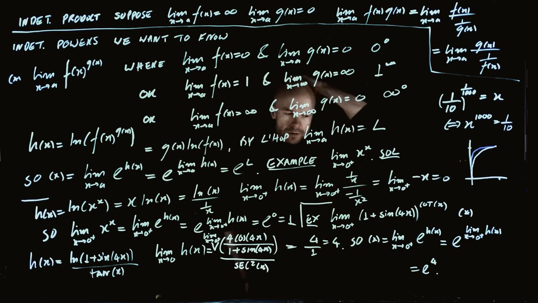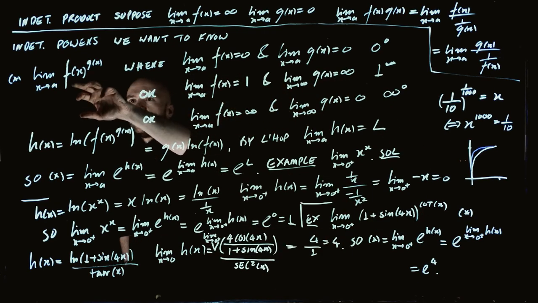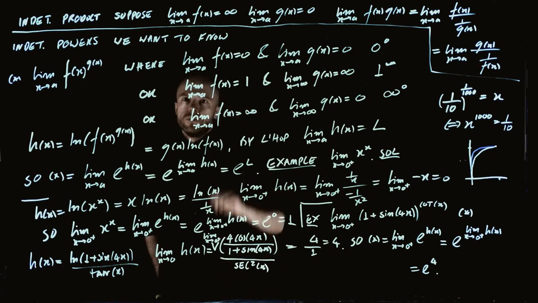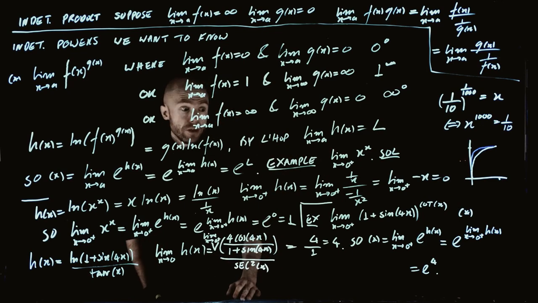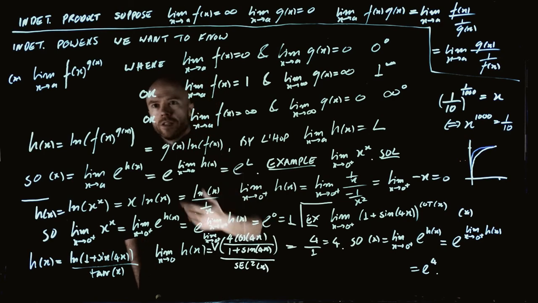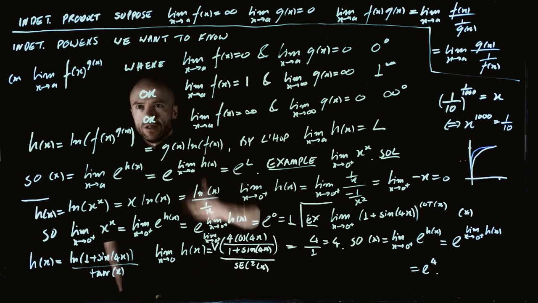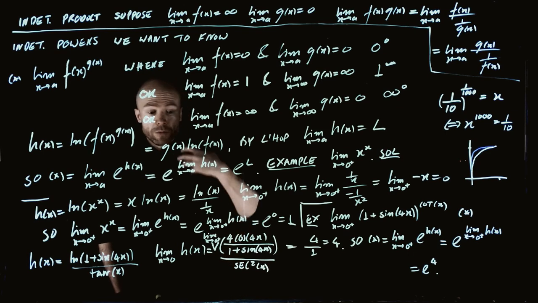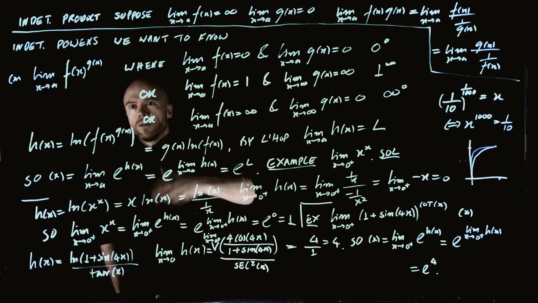So, not too difficult, right? Do not be intimidated by things like this. If you can do L'Hopital's rule for ordinary 0 over 0 form or infinity over infinity, you can also do this. It's just one extra subtlety you have to handle. And all you have to remember is to take the log, and then it's natural what you do.